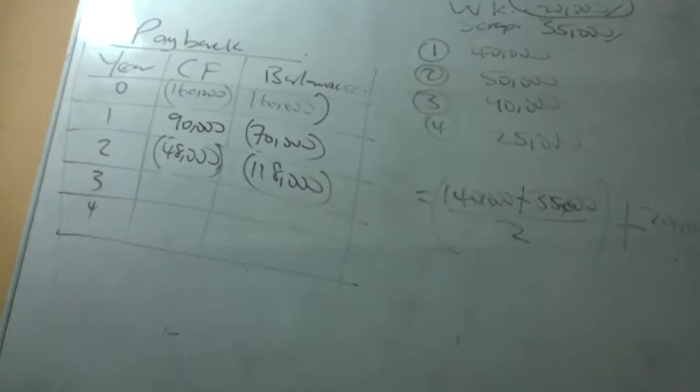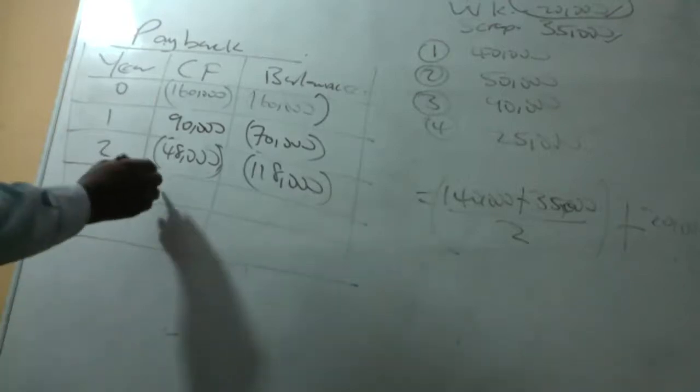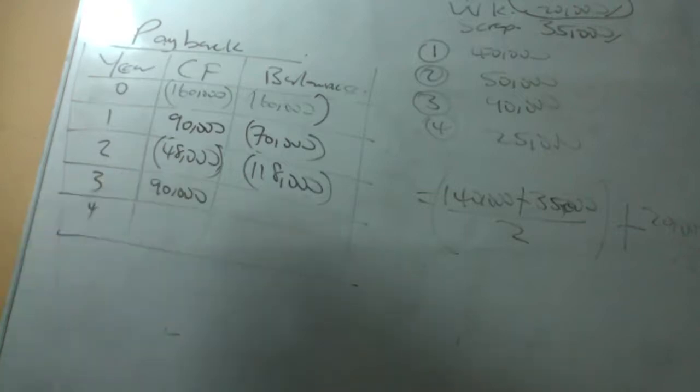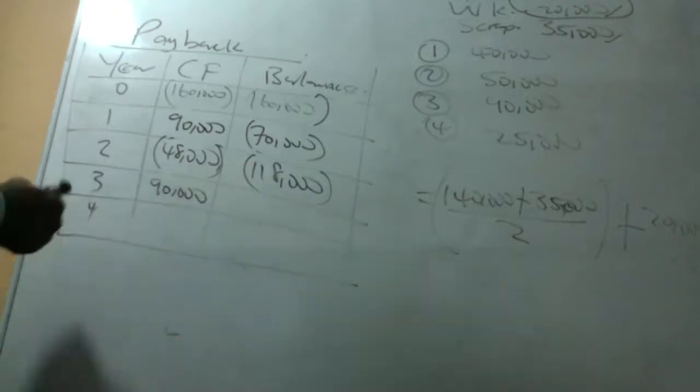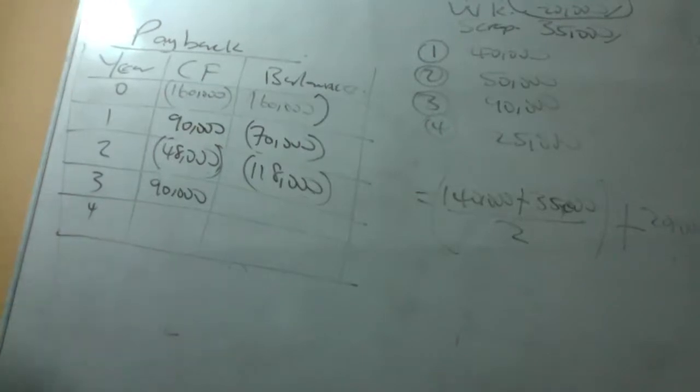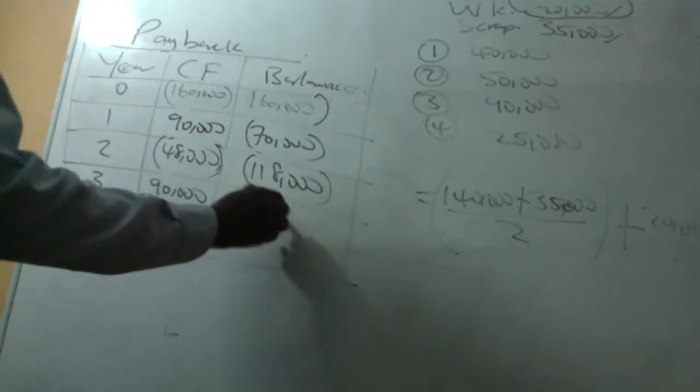There was a good balance of 90,000, right? So year 3 is 90,000. When you take it off, you are left with how much? Less 90, you are left with 28. Wow, I like that. You are left with 28,000.